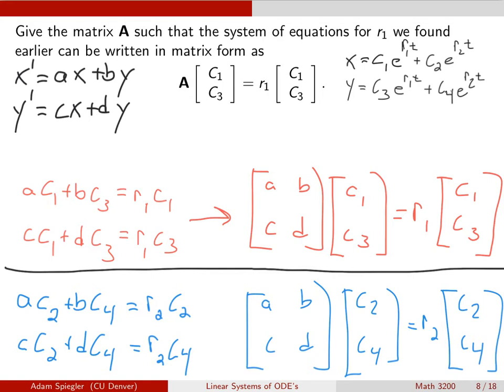And if you look at these for a second, and if you've had some linear algebra, maybe you recognize these conditions. So what this means over here is that r1 is an eigenvalue of this matrix, and C1, C3 is the eigenvector of that eigenvalue.